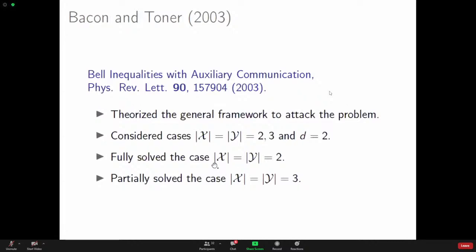What they showed is that all 2-qubit states satisfy the auxiliary Bell inequalities derived in this scenario, which means that with this scenario, they can't answer the question whether it can be simulated with one C-bit of communication or not.